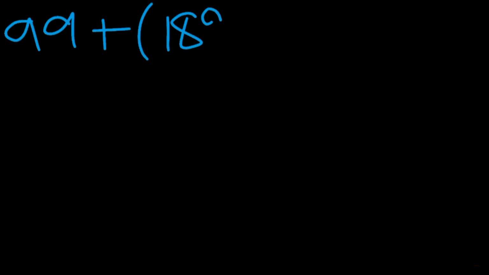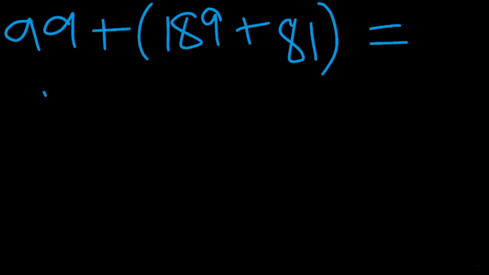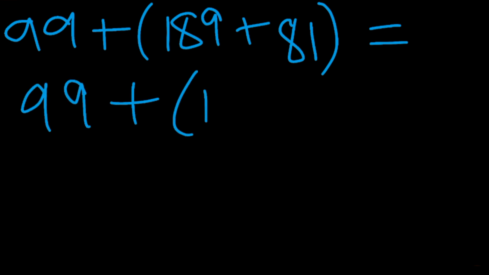Alright, great. Now for the associative property, you might get something like this. Suppose 99 plus (18 plus 81) is equal to (99 plus 81) plus dash.